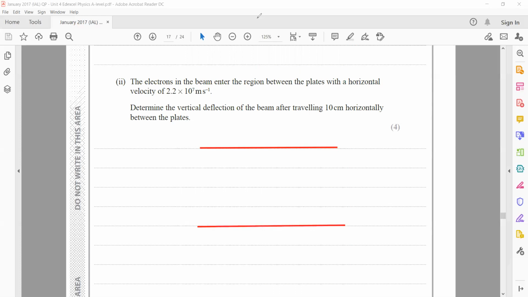This is how the beam of electrons is moving. As it entered, it had only horizontal speed, but it is changing. So if it covered 10 centimeters of horizontal distance, we have to calculate the deflection. Vertical deflection means we need this.